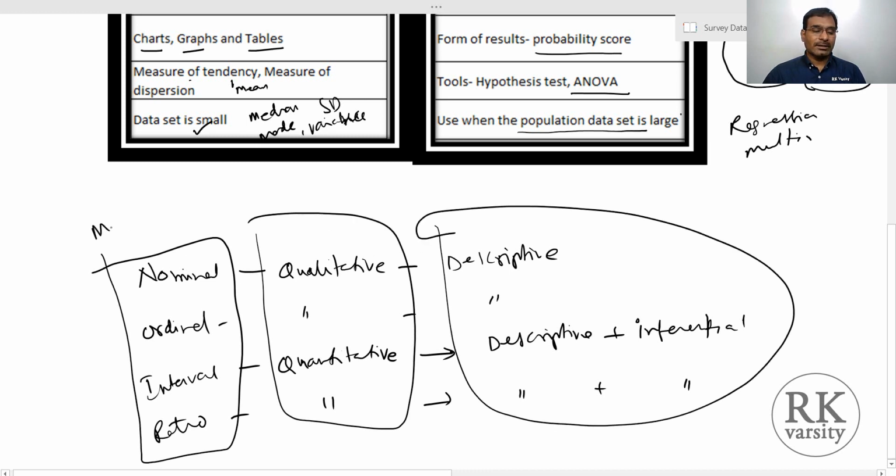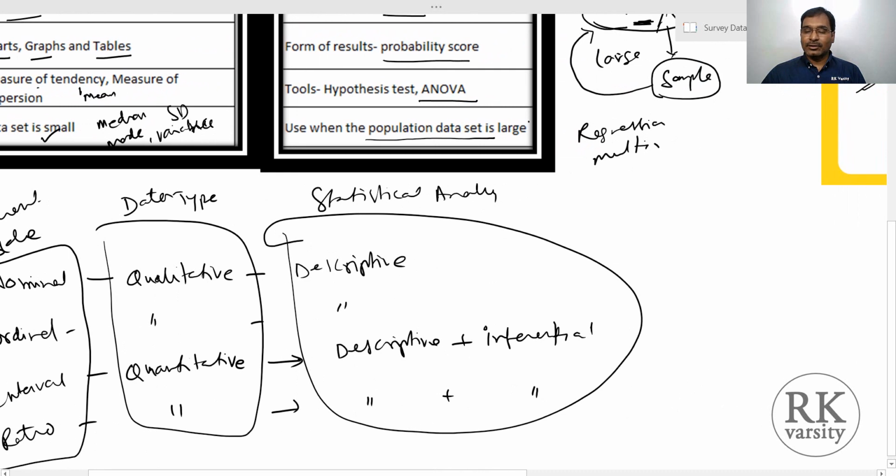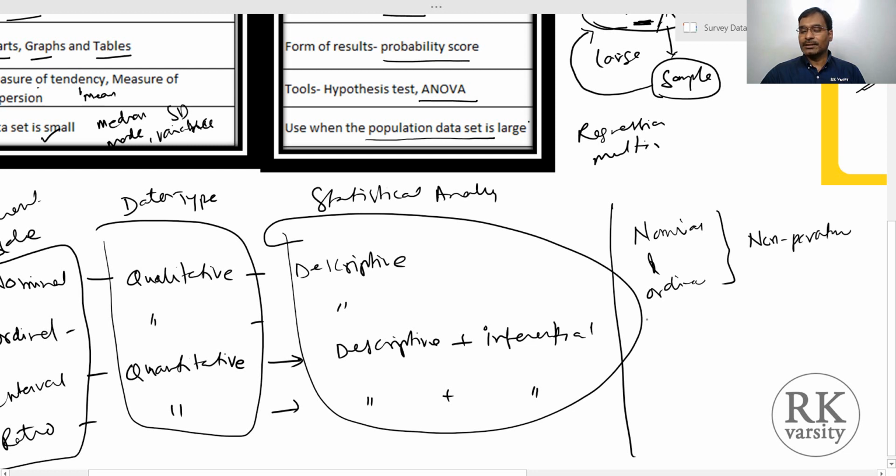So here this is your measurement scale, then data type and statistical analysis. And further, if you have to link this with parametric and non-parametric statistical tests: on nominal and ordinal scales, we use non-parametric tests, and even with the interval as well as ratio scale, if the sample size is less than 30, then we use a non-parametric statistical test.